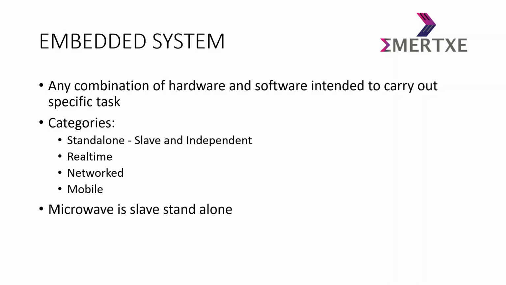Embedded systems are divided into standalone, real-time, networked, and mobile. The standalone ones are either independent or controlled by another system, even though they are standalone. A microwave, for example, is an example of a standalone embedded system.